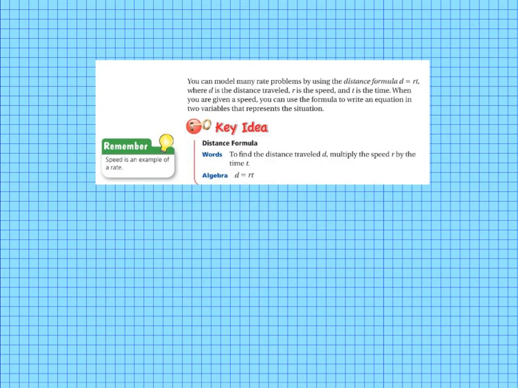Here's our next key idea. You can model many rate problems using the distance formula. Distance equals rate times time, where d is the distance traveled, r is the speed, and t is the time. When you are given a speed, you can use the formula to write an equation in two variables that represents the situation.